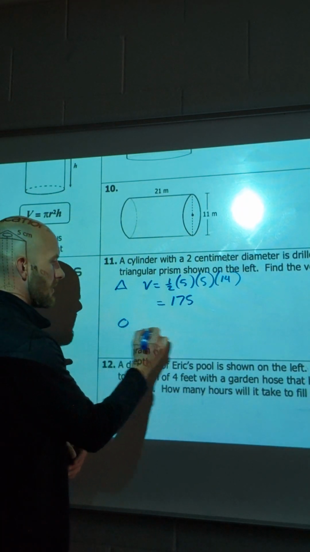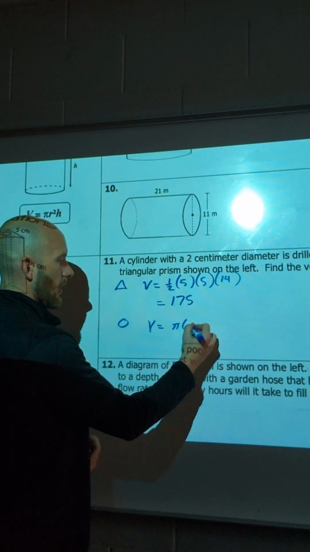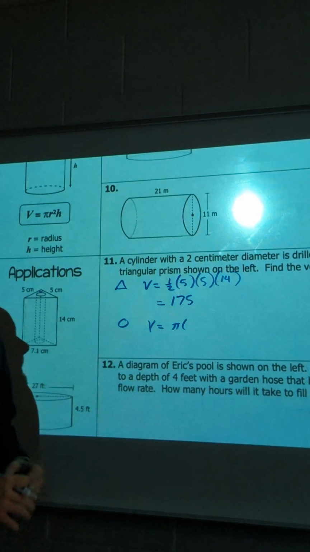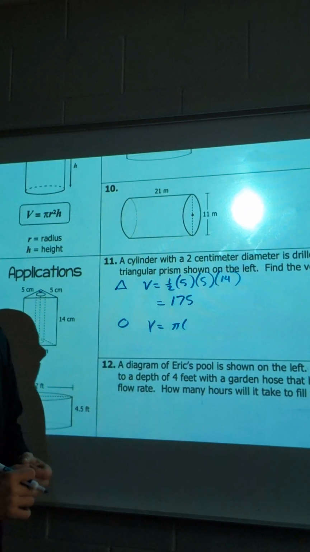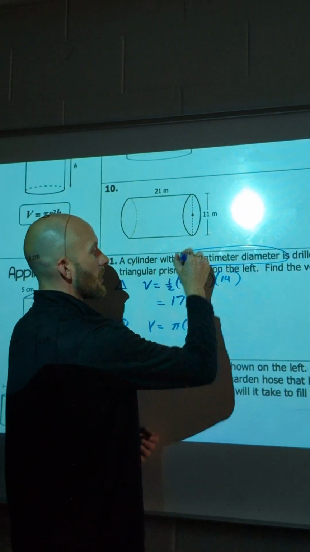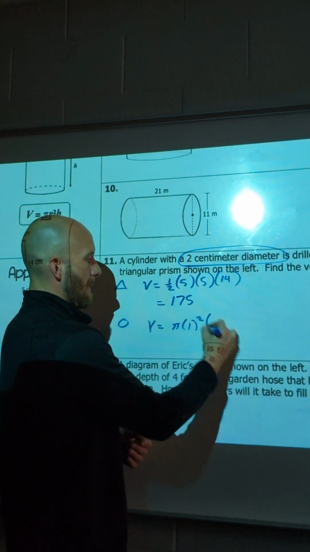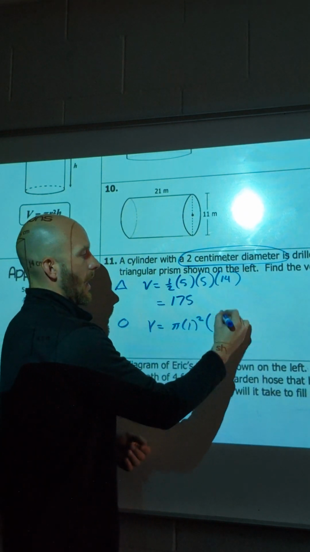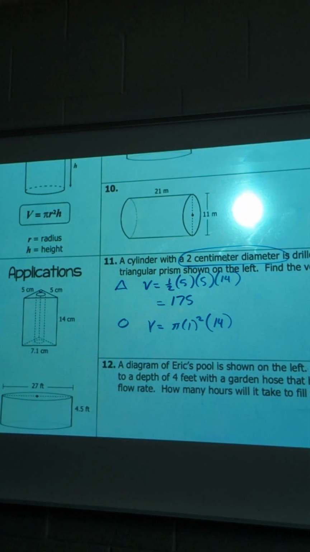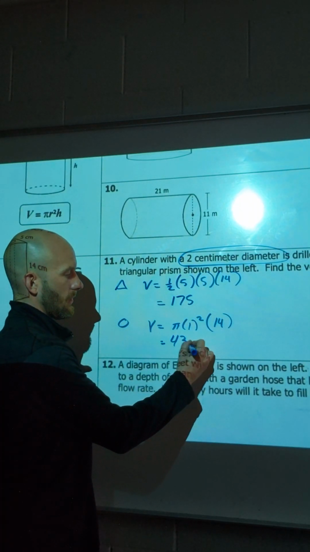Now I want to find the cylinder, which is pi r squared times the height. What's the radius for the cylinder? 1. Yeah, up here it tells me it's a 2 centimeter diameter, so the radius is just 1. And the height would still be the same as the triangular prism, right? 14. It'd be 43.98.